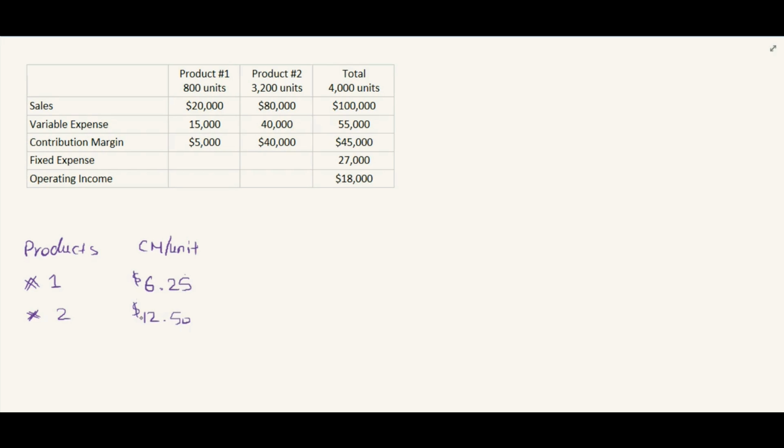Okay, then we need the sales mix. How can we get the sales mix? We'll go to each product and look at the sales units. For product number 1, the sales mix equals 800 divided by the total units sold of 4,000, and if you do the math, that will give you 20%.